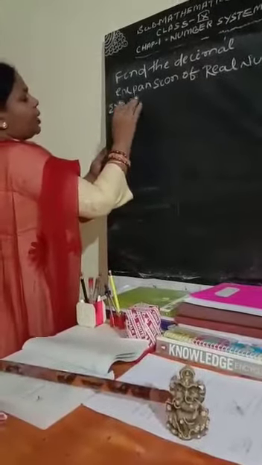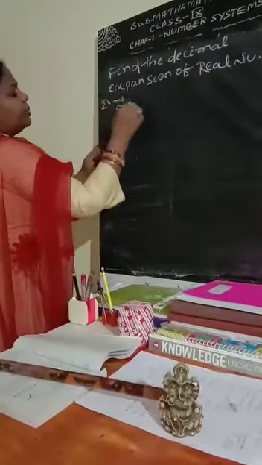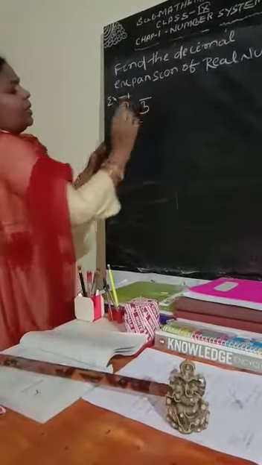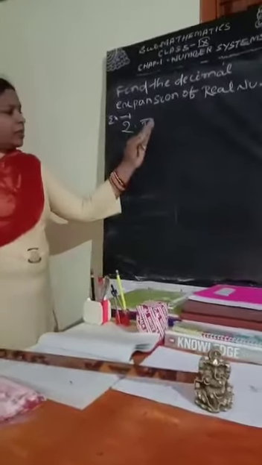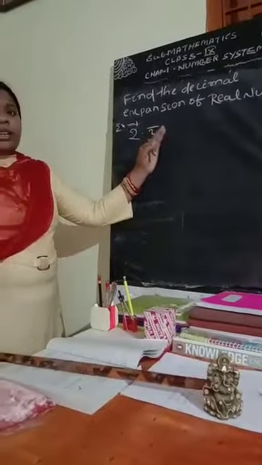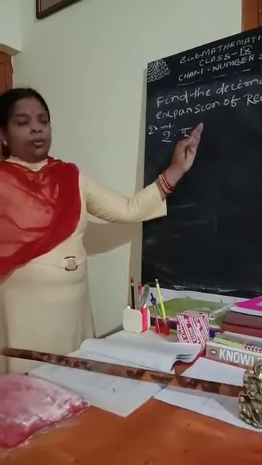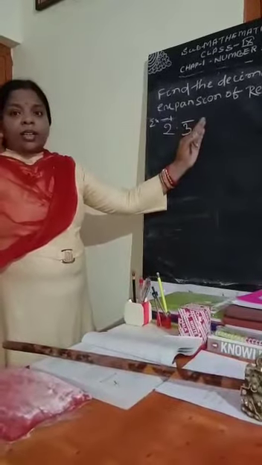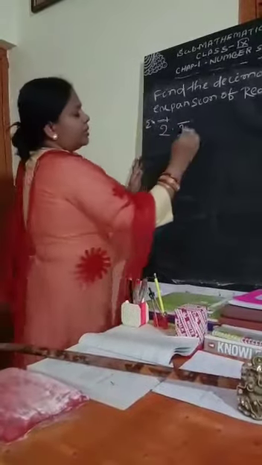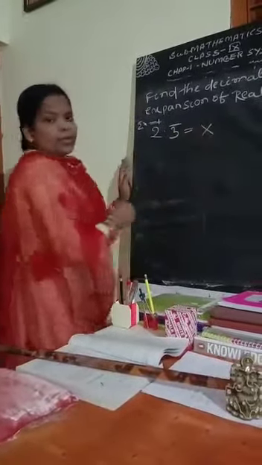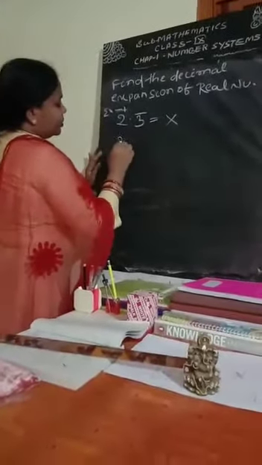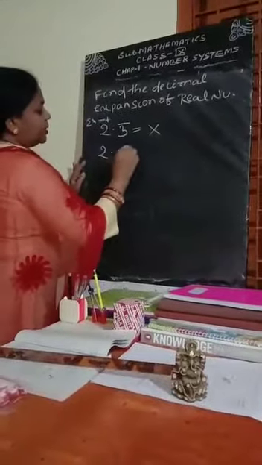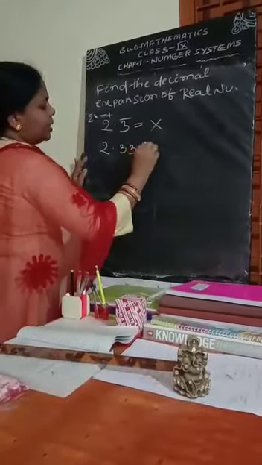Let 2.3 recurring. This is a non-terminating recurring decimal. What I told, this is a non-terminating recurring decimal. Then let it be x. So 2.333 continue.